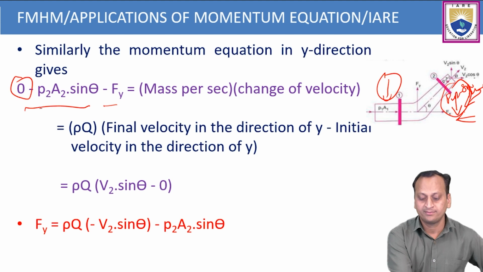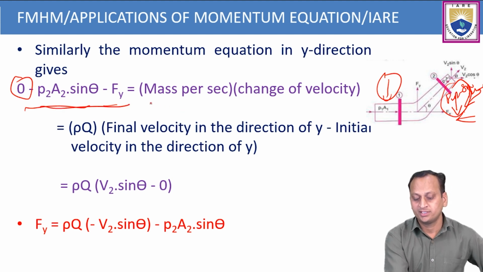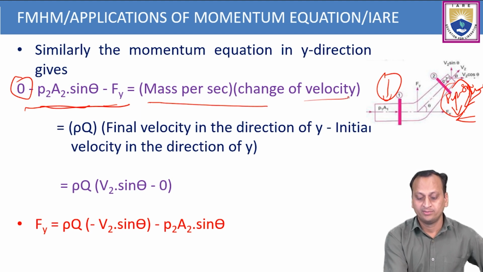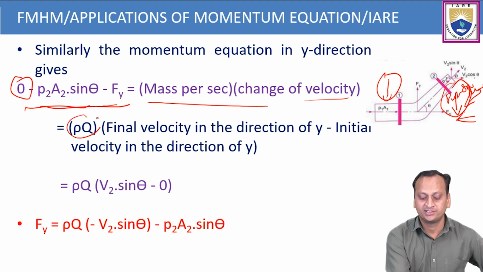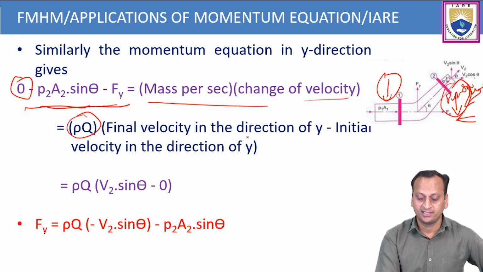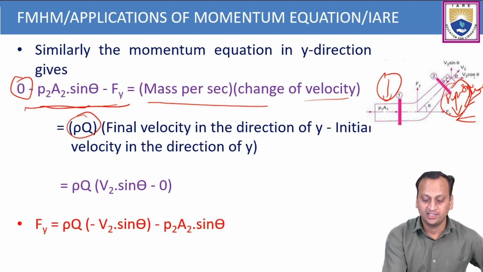So minus Fy, and the rate of change of momentum is mass per second into velocity. Similarly, mass per second can be written as density times discharge, into final velocity minus initial velocity. Rho Q remains the same.